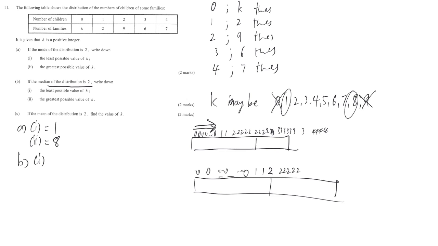The arrangement is like this. A very important thing is if we don't count the middle 2 as the median, how many data are on the right hand side? It gives us the idea how many data are on the left hand side, because this is symmetric, and that's the meaning of median.